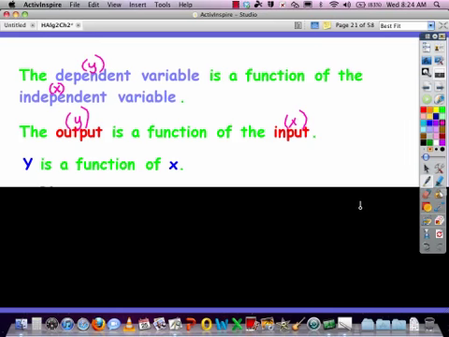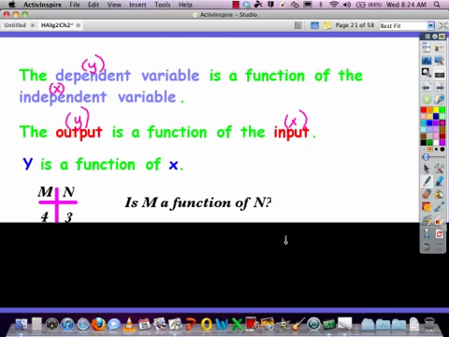So we could also take out a word or two, and we could say y is a function of x. So the y, the result, is a function of the variable you put in, which is x. So these are three statements, all written slightly differently with different words to show the same thing.